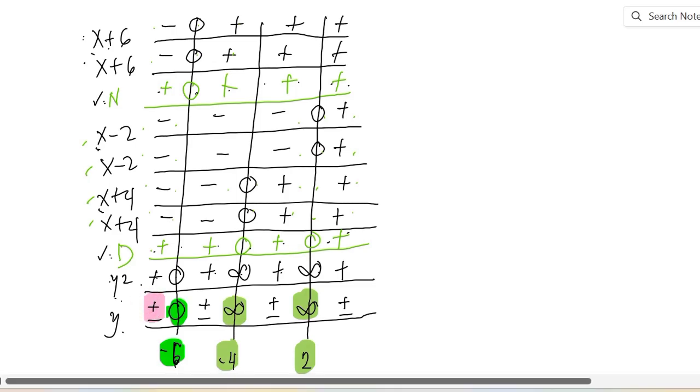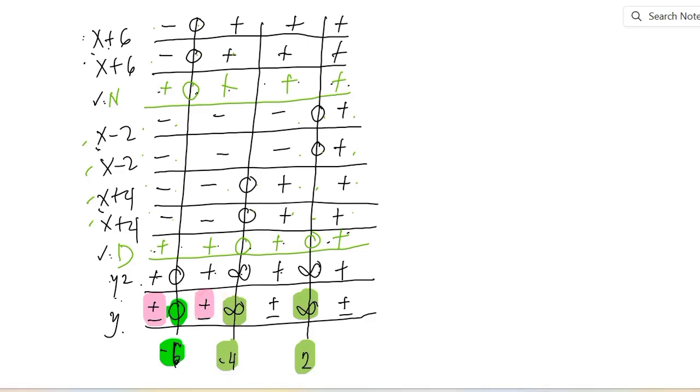While for this region, from negative infinity to negative 6, negative 6 to negative 4, negative 4 to 2, and 2 to positive infinity, that's plus and minus. So we have the graph above and below.